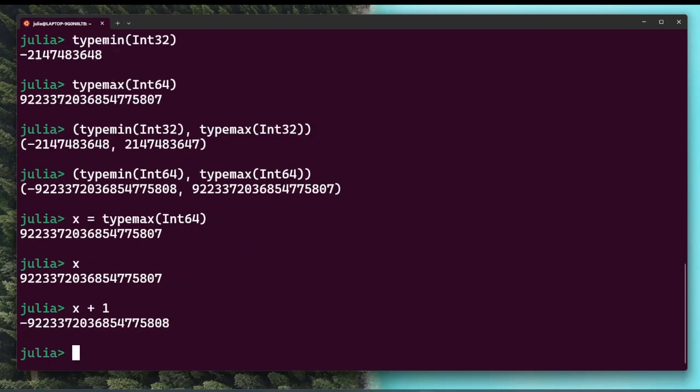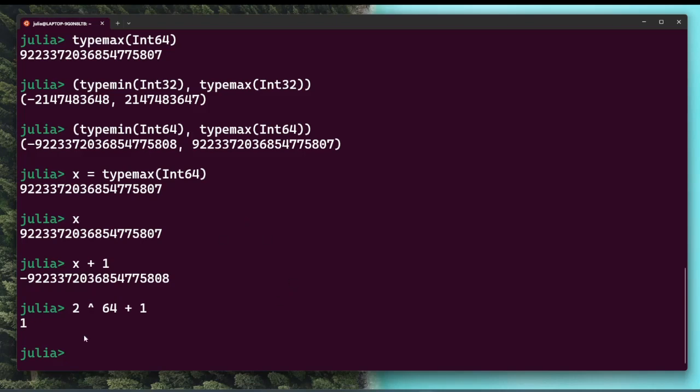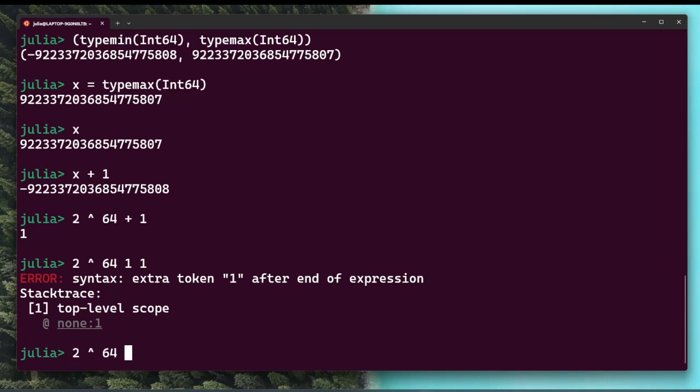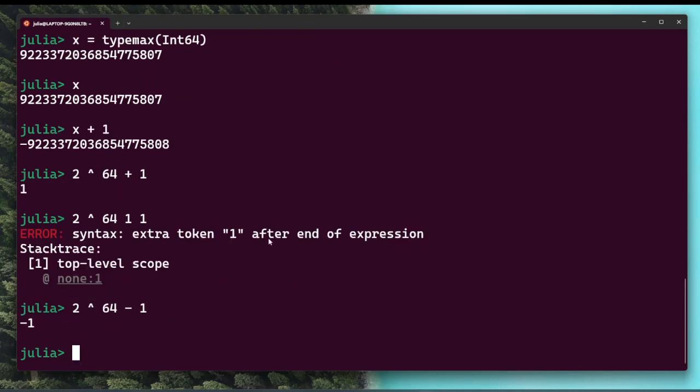And now, what happens if I add one to the maximum value from typemax? It goes back to the minimum, negative value. The reason is that it has reached the maximum value, and after this it goes back to the minimum value. This is one thing you can understand. Even for example in Int64, the maximum is 2 raised to 63, and if we add one more it becomes negative.